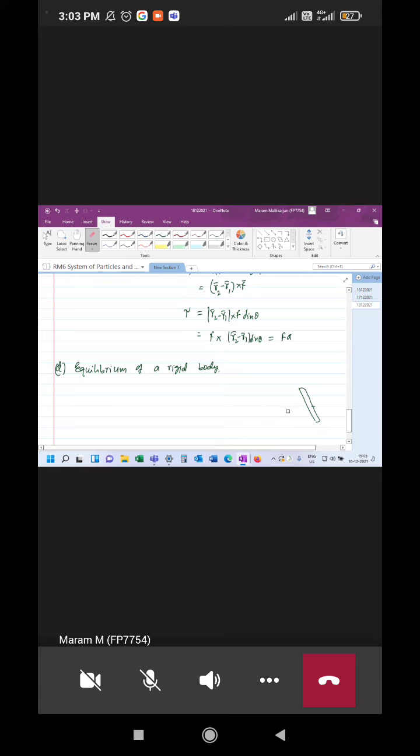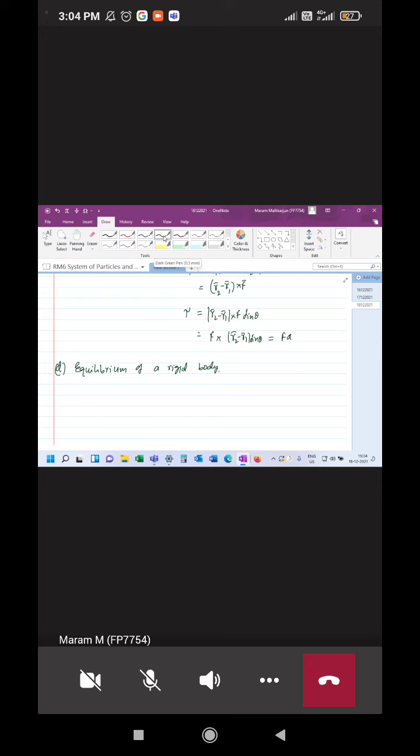So when you talk about equilibrium, net force must be 0 and net torque also must be 0. We call that total mechanical equilibrium. If the net force is 0, then we simply say translational equilibrium.